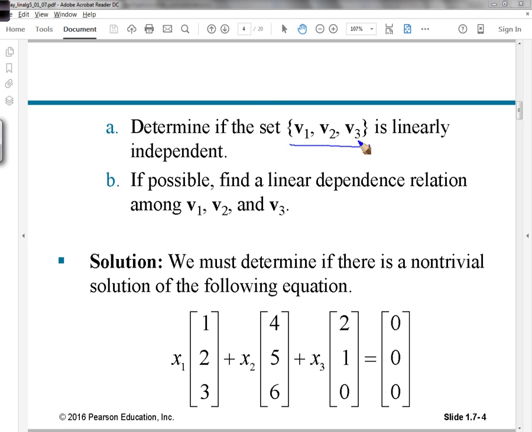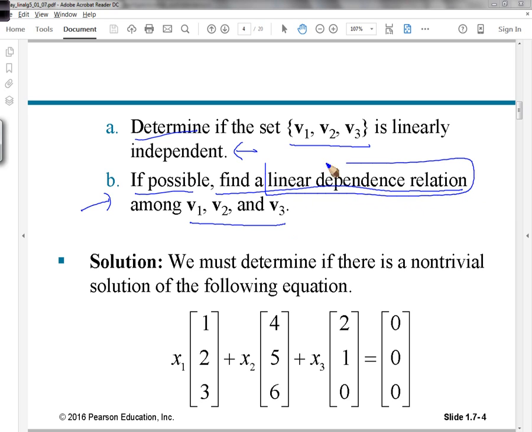So we answered this question. We are given three vectors, and we can determine whether these vectors are linearly independent or not. Let's look at the second question. If possible, find the linear dependence relationships among V1, V2, and V3. So what was this linear dependence relationship?